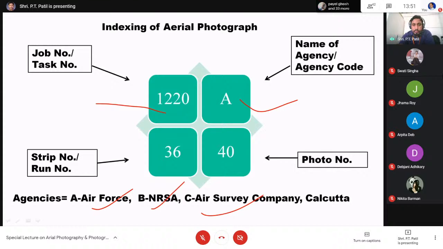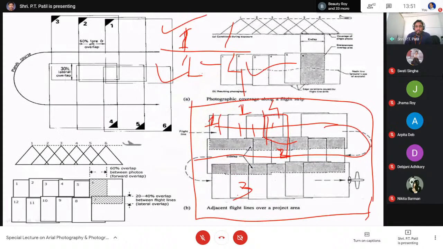Suppose that photograph was taken by the Air Force, then we write A here. If it was taken by NRAC, then we write B here. On the basis of those alphabets, we are also able to identify the name of the agency which took that aerial photograph. Okay, so this is all about the indexing of the aerial photograph.